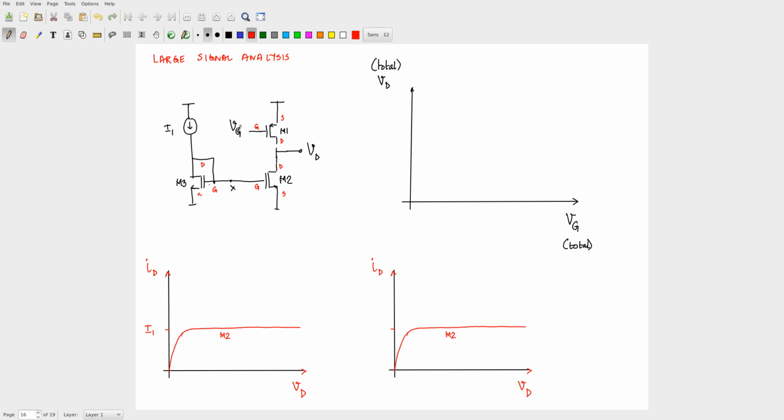Before that, possibly I can draw one characteristic for Vg when this was actually working like an amplifier. When it's working like an amplifier, what did we say? How should this other characteristic look? If I say this was VDD, the M2 characteristic, how did we want it? We wanted both to be in the saturation region, right? Only then it works as an amplifier. And as I said, I am going to have some value of the resistance there so that it's easy for me to draw.